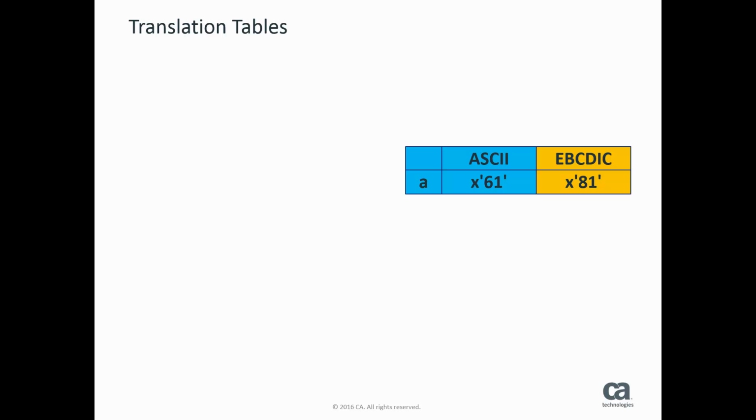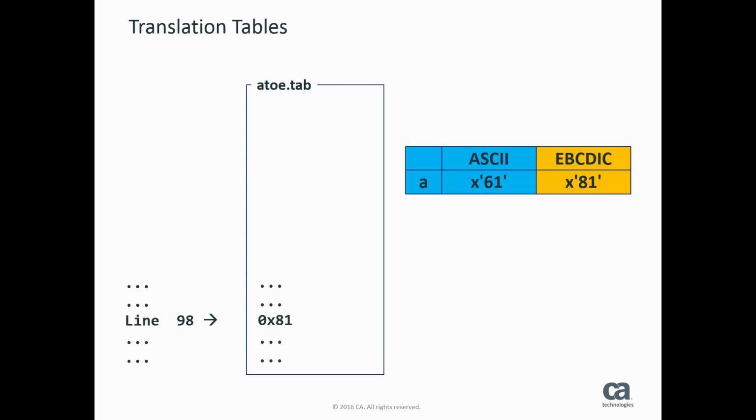So here is the first example. We want to transfer the lowercase character a from ASCII to EBCDIC. In ASCII, the lowercase a is represented by the hexadecimal value 61, while in EBCDIC the representation is 81. The decimal value of hexadecimal 61 is 97.